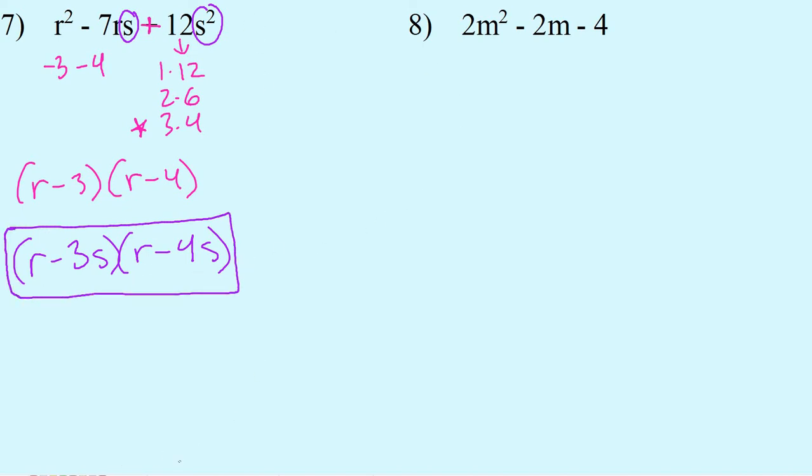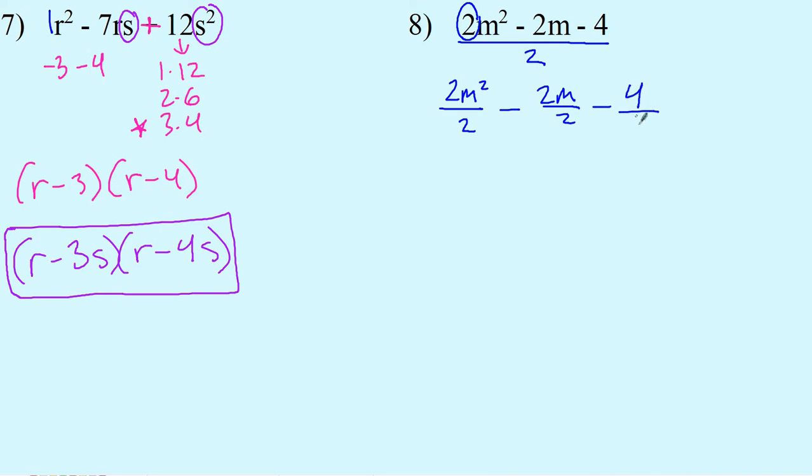Now number 8 here is a little off, right? Because notice it didn't start the same way. This had a 1. Now it has a 2. I don't like this, so if I can get rid of it, let's do it. So if I divide everything by 2, that's literally taking each one of these terms and dividing them by 2.